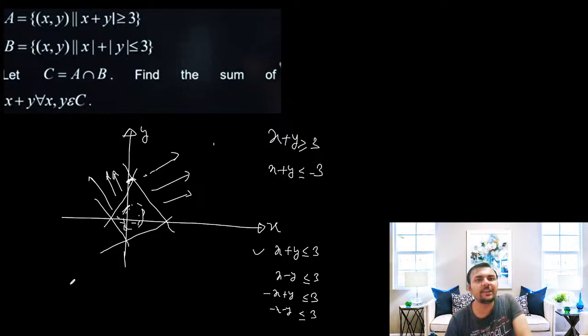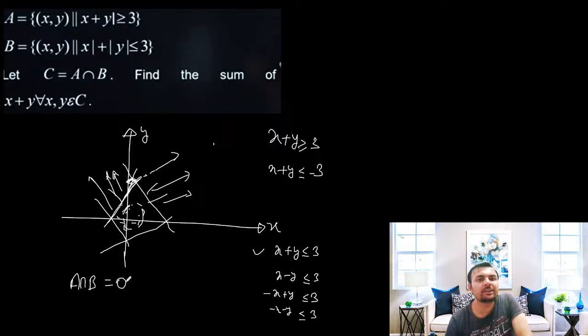So I think we are getting A intersection B equal to 0, or this is the line of intersection. So this or more than this.